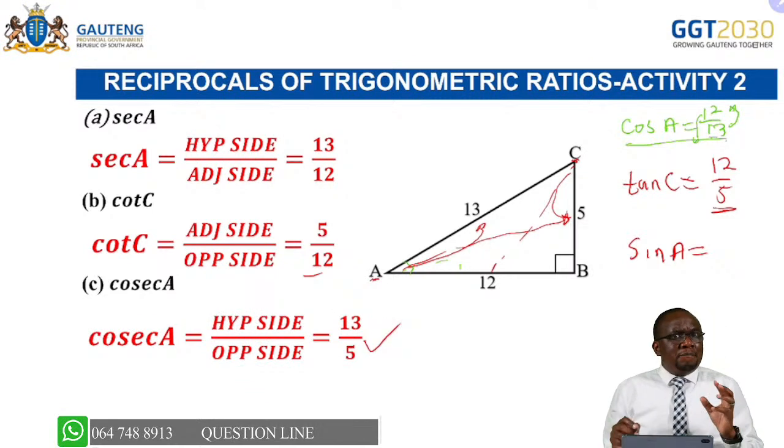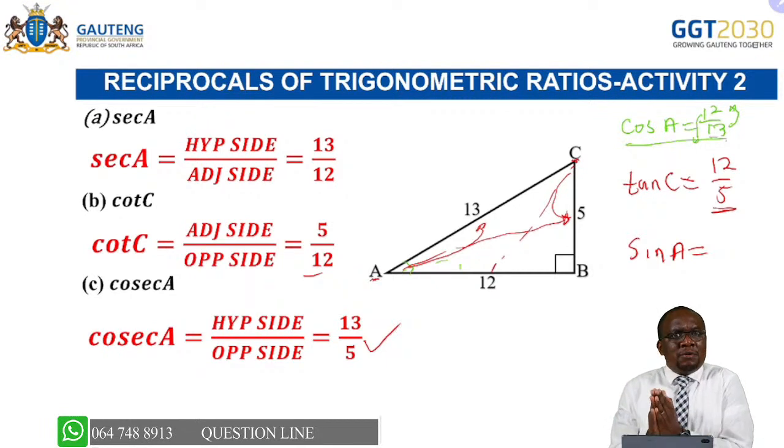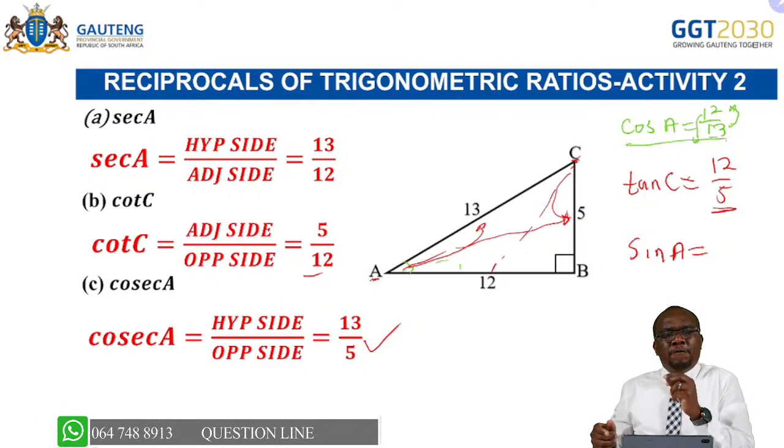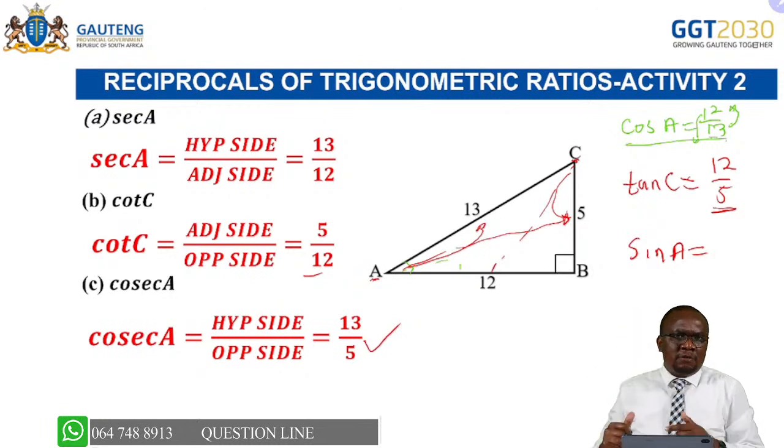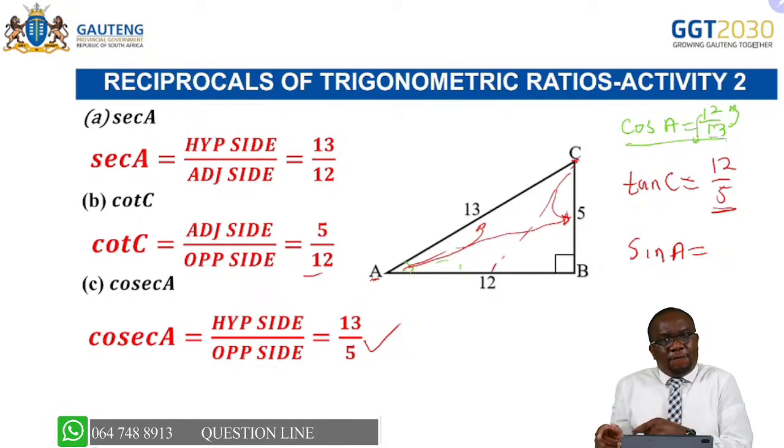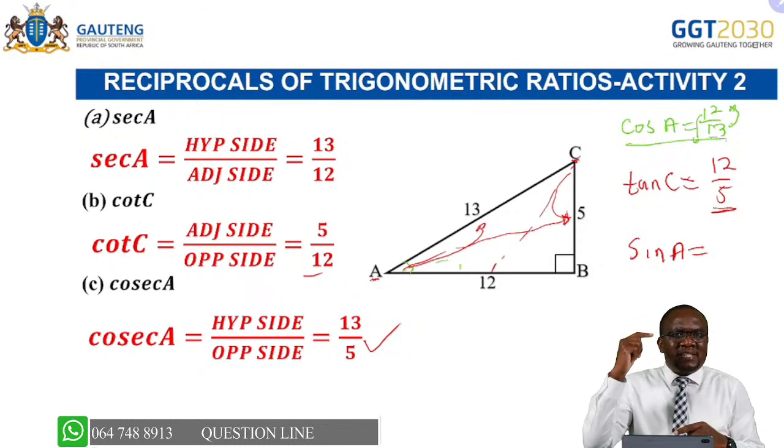So if it is giving you problems, start from the trigonometric ratios that you know. I know that sine A is opposite side over hypotenuse. Therefore, cosec A is going to be hypotenuse over opposite side. I know that tan theta is opposite side over adjacent side. Therefore, cot theta is going to be adjacent side over opposite side.